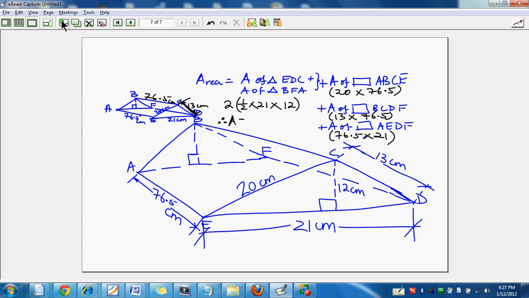Your total area, when you calculate it, would work out to be 4,383 centimeters squared for the total surface area.